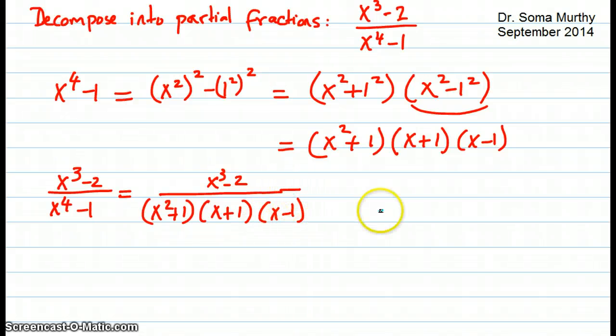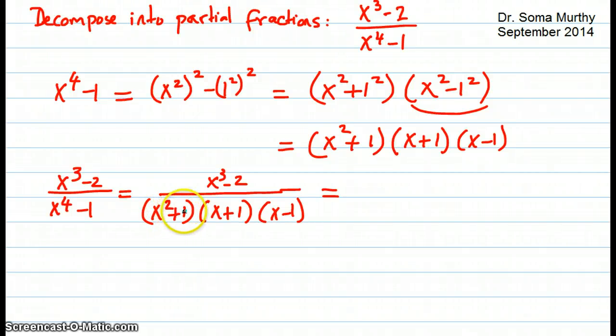So we have done the factoring of the bottom polynomial as far as we could. The trick here is to write this as a sum of partial fractions, and this is the first time we have encountered a factor which is a quadratic factor, x squared plus 1, that cannot be further factored into linear factors, so that's an irreducible quadratic factor.